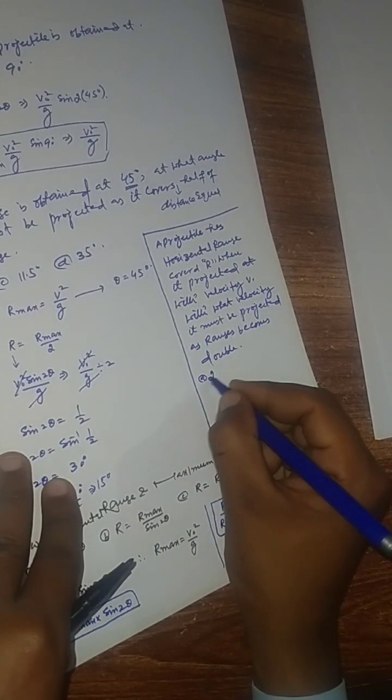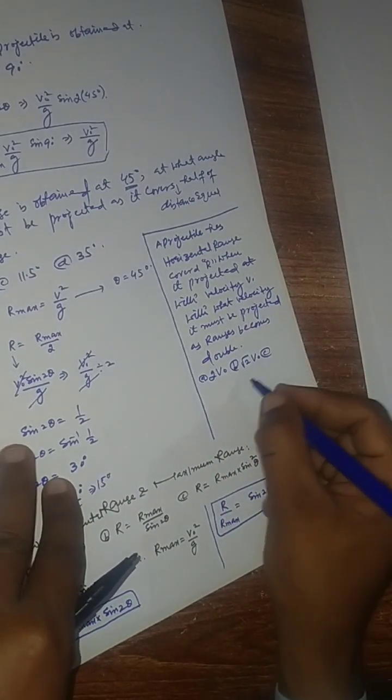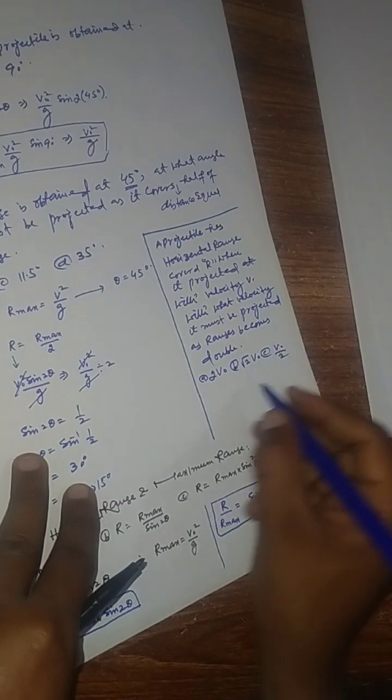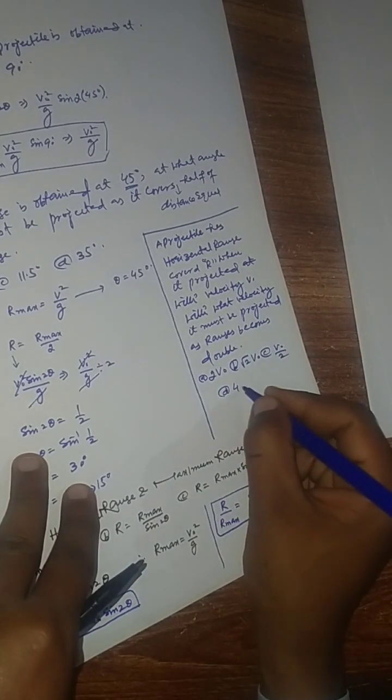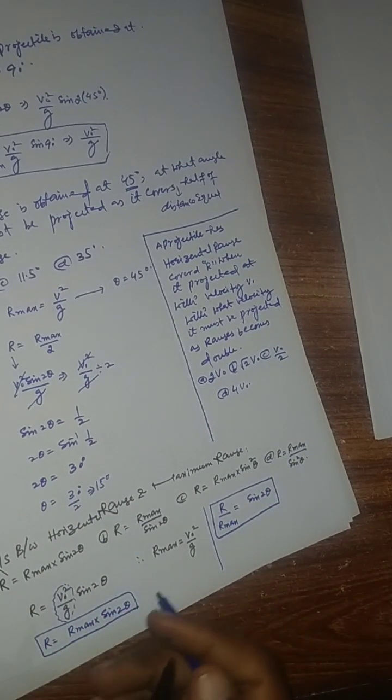Okay, so this is 2 v naught, or root 2 v naught, or v naught by 2, or 4 v naught. Then what will be the correct answer?